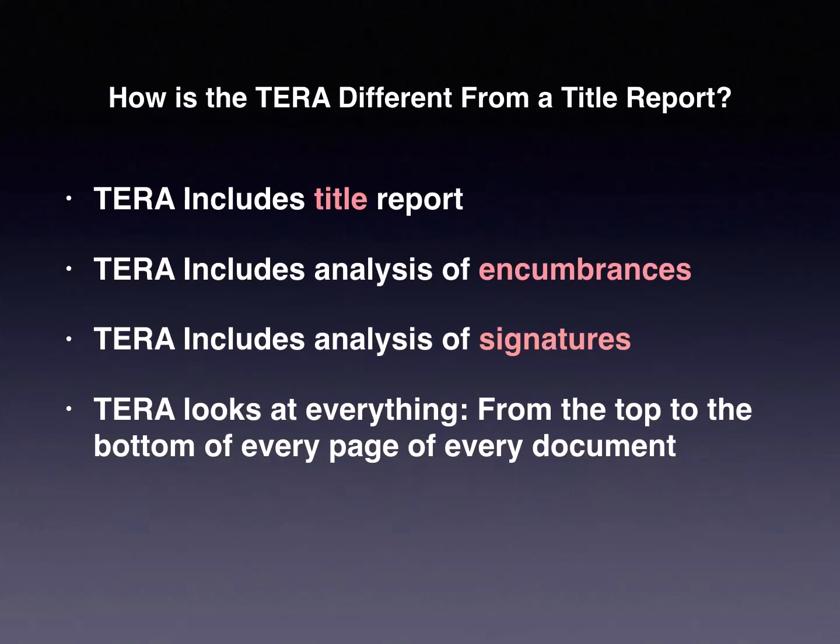So we're examining from multiple perspectives. Obviously, if we spot anything, it has to go to a forensic document examiner, who we will refer you to. We are not forensic document examiners.